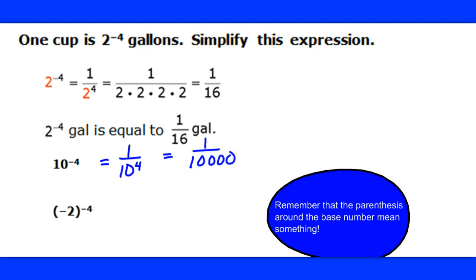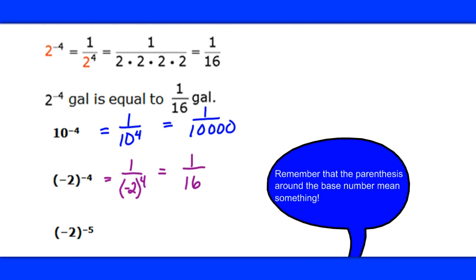All right? Here, (-2) to the -4th power is going to be 1 over, in parentheses, (-2) to the 4th. And (-2) to the 4th is positive 16. If that parenthesis was not around that, that would have been a -1/16.